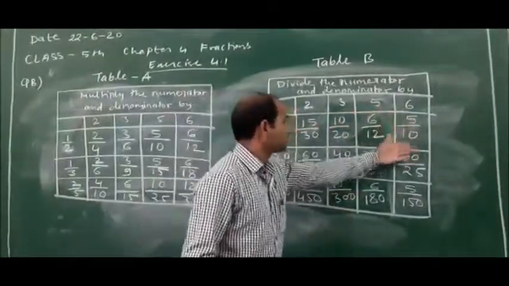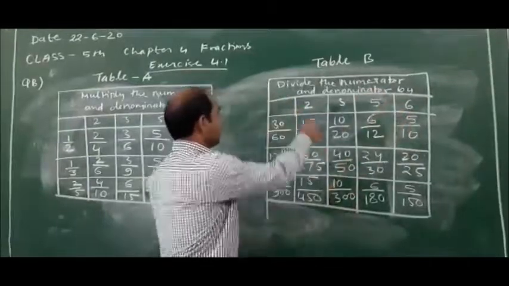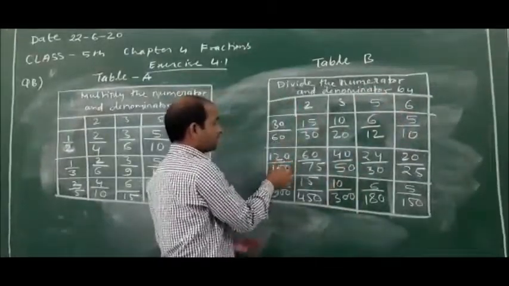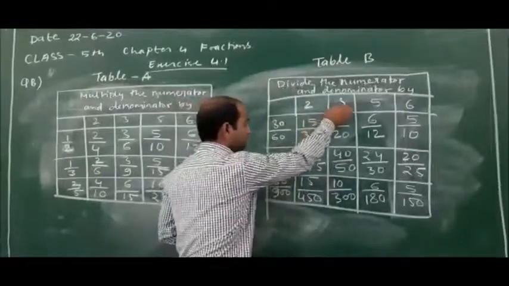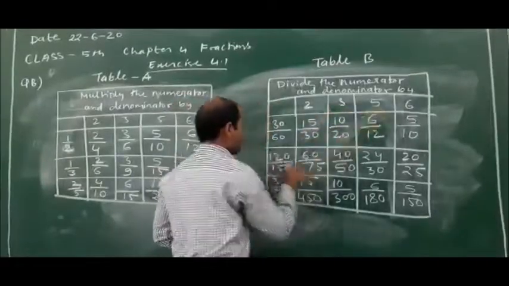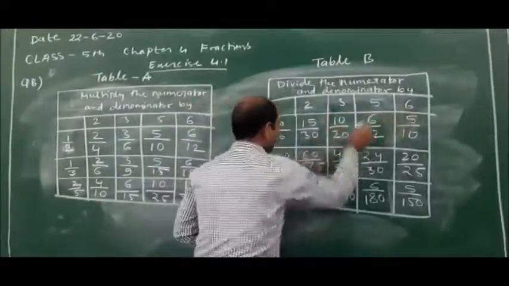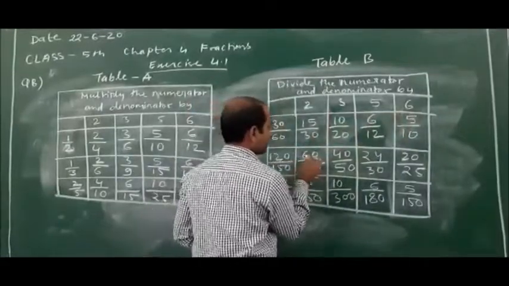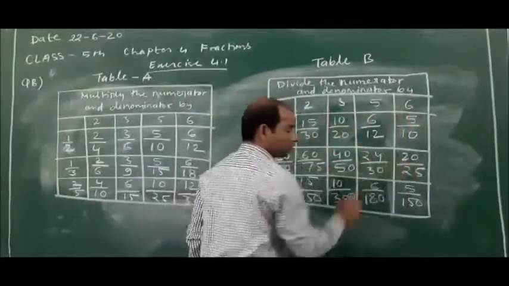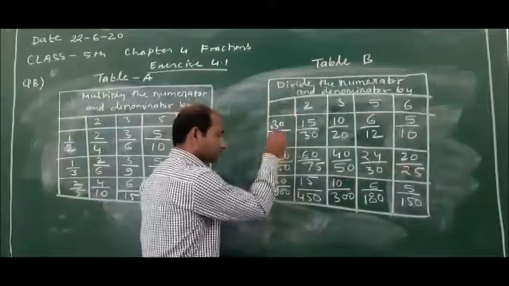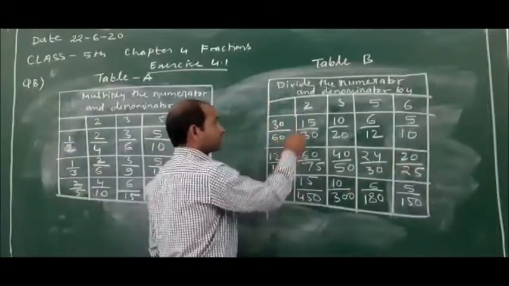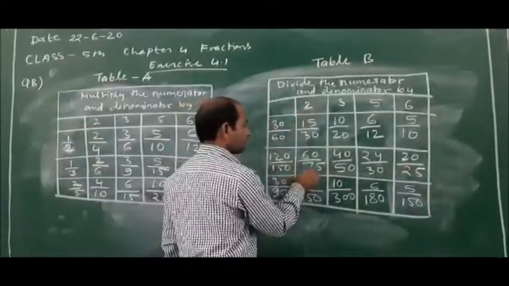So in the same way, we divide 120 by 2, 120 by 3, 120 by 5, 120 by 6. These answers come here: 60, 40, 24 and 20. And when we divide 150 by 2, the answer is 75.